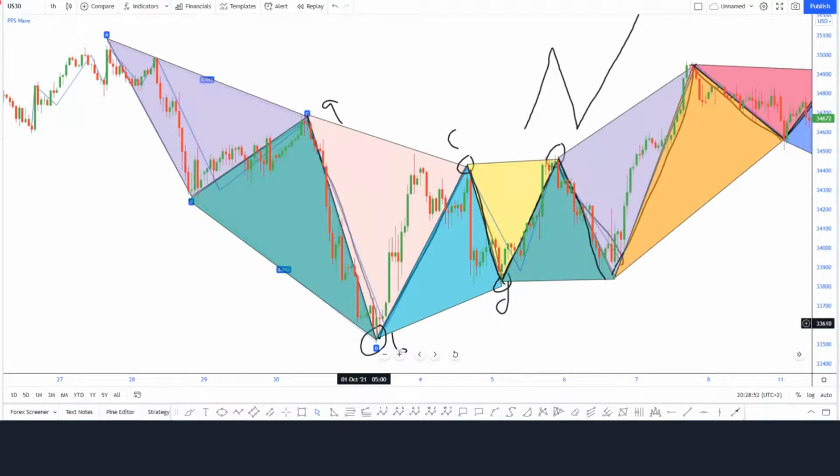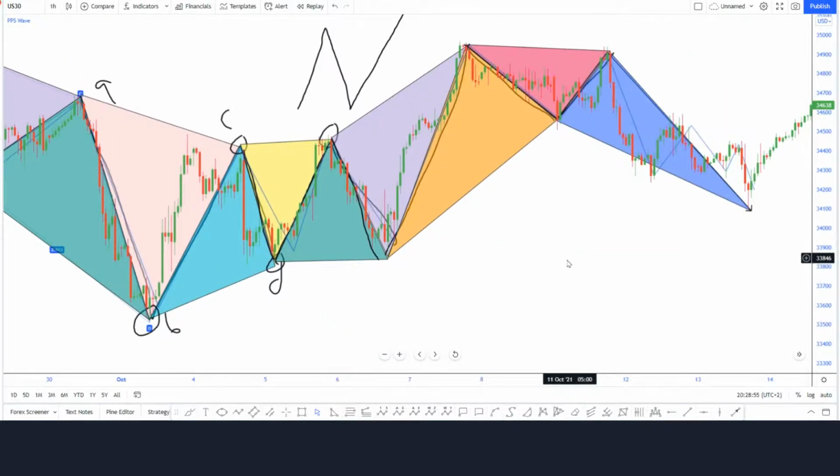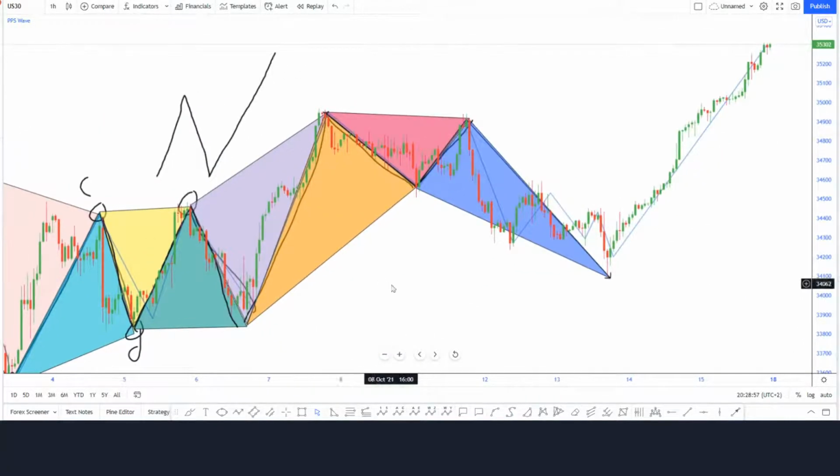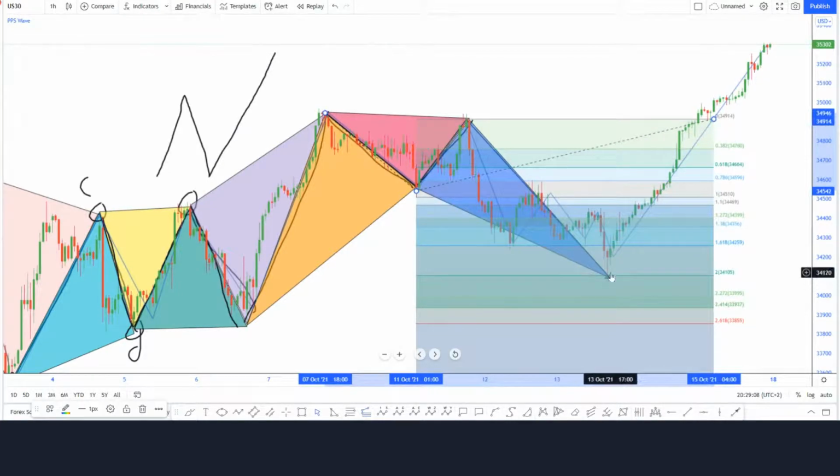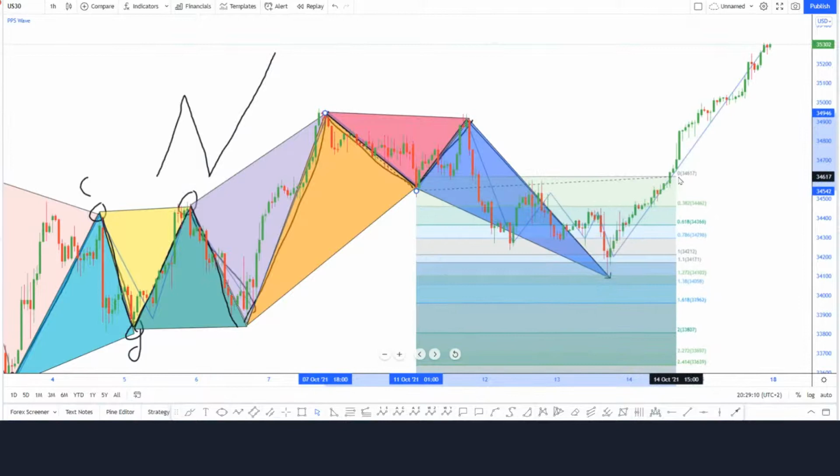How can you trade this one? Okay, what's the percentage between this wave and this wave? This is easy. You can take this and go from here to there. And that was 200% exactly, guys. Okay.